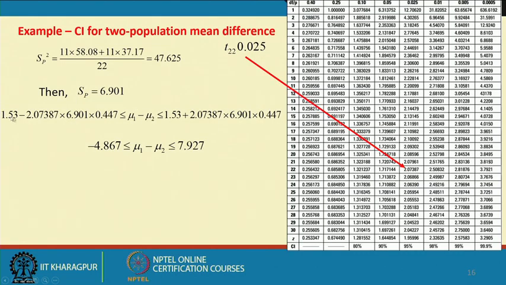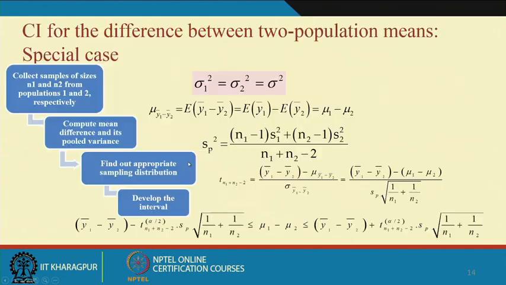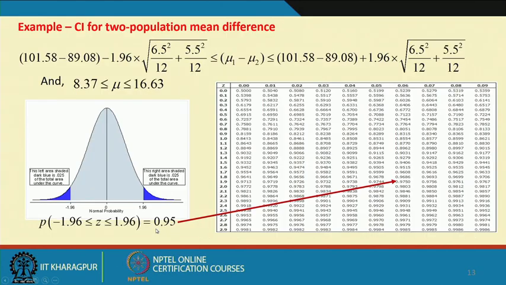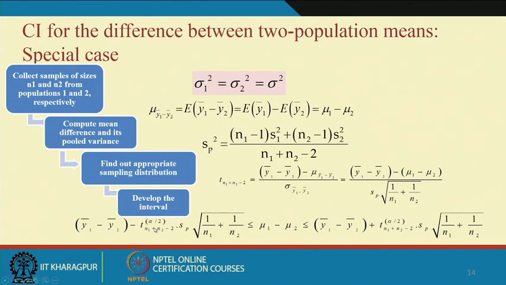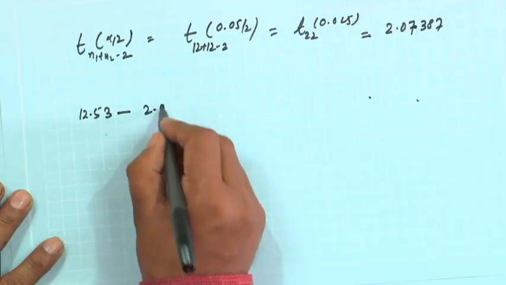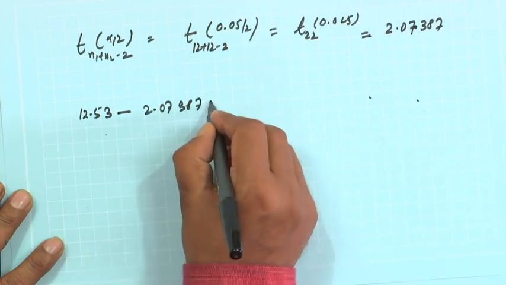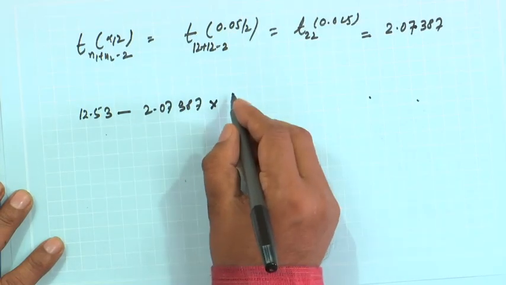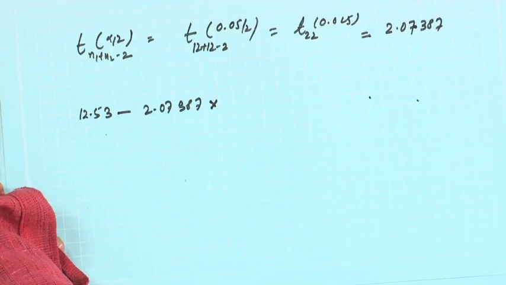I think it will be 12.53. Okay, 12.53. Anyhow, what I mean to say is that you use this formula with y1 bar minus y2 bar, which here is 12.5. So if I consider this formula, 12.53 minus 2.07387 into the Sp value. What is our Sp value?